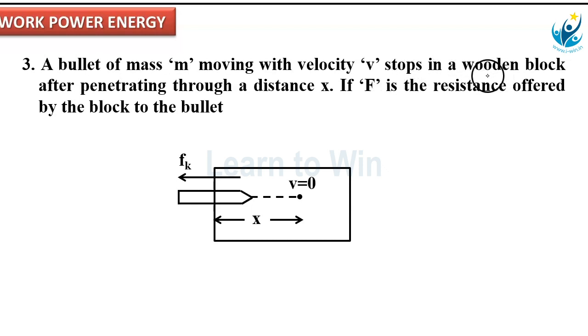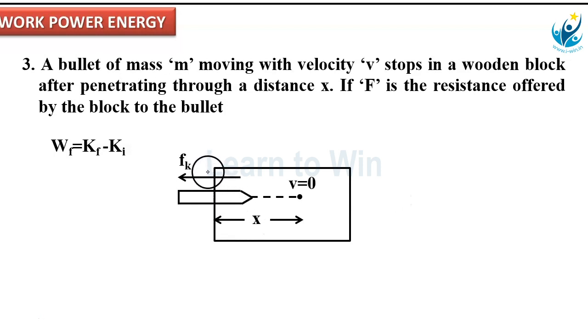stops in a wooden block after penetrating through a distance x. If Fk is the resistance offered by the block to the bullet, that is the resistive force acting on the bullet by the block, then the work done by the resistive force is equal to the change in kinetic energy.